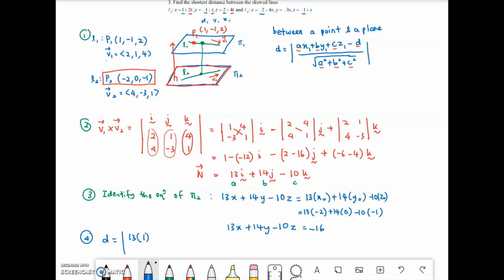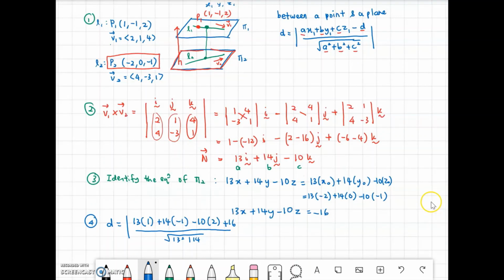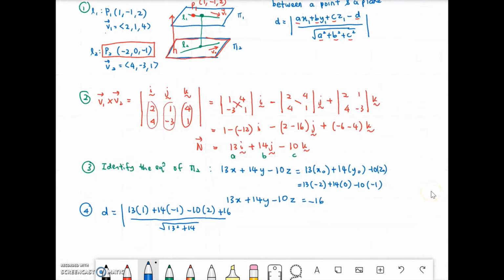So we have 1 plus 14 times -1 minus 10 times 2 plus 16, divided by the square root of 13 square plus 14 square plus -10 square.